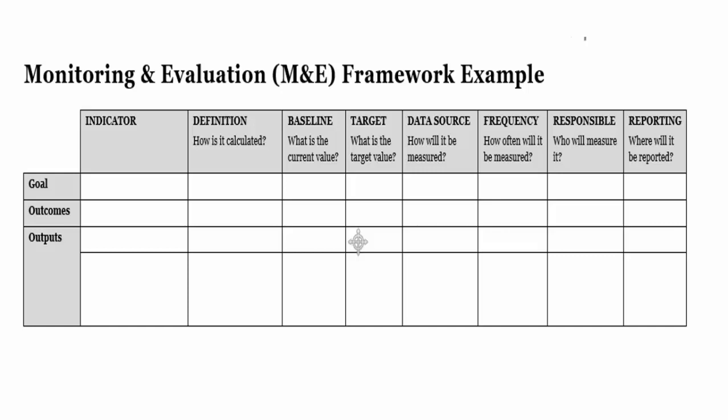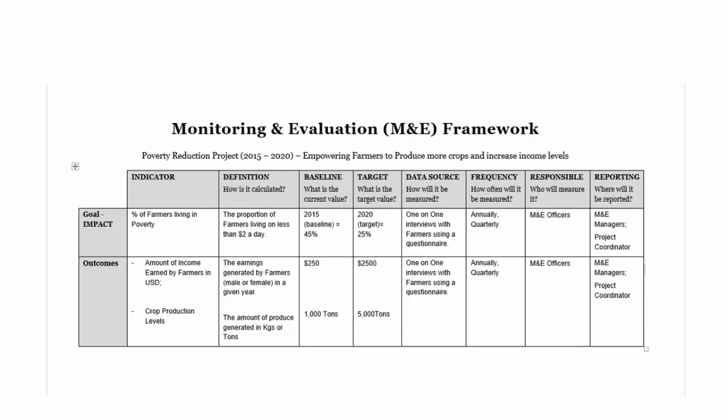And please also don't confuse this with a log frame, because they are different, though similar. One thing you have to realize is that things are pretty much similar in M&E when you look at these various templates. But you have to be able to separate the two because they mean different things. So I've given an example. This was an example that I gave in one of my previous videos.